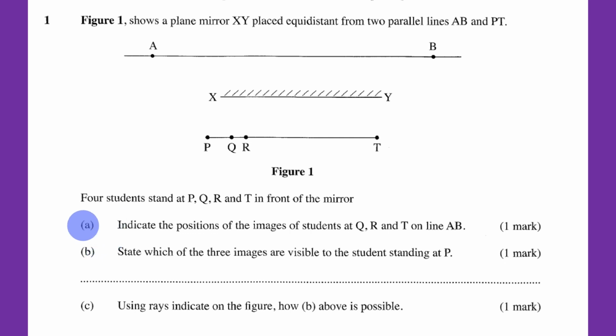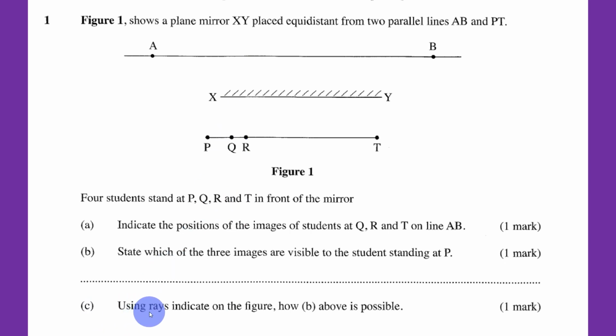Of course, the student will be able to see the image of student R and T. But by construction, if we were to construct ray diagrams for student Q, I doubt whether the student will be able to see the image of student Q.